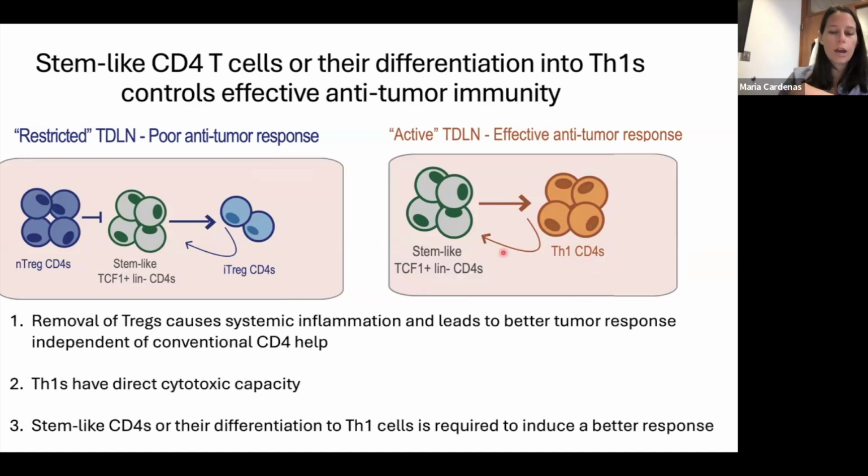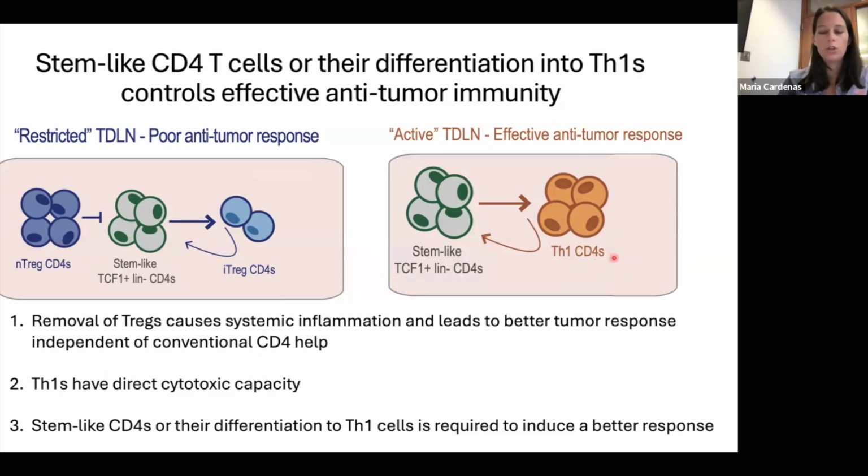We could argue that effective anti-tumor immunity here could be because of three different things. One, the removal of Tregs itself is causing systemic inflammation, right? And it's independent of the conventional CD4s that are present. Tregs have many, many different functions, and so we could argue this is completely independent of the stem-like CD4. Number two is that the Th1s that are being developed have direct cytotoxic capacity, right?